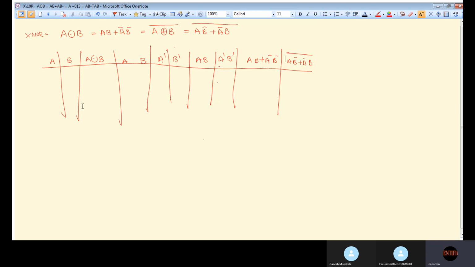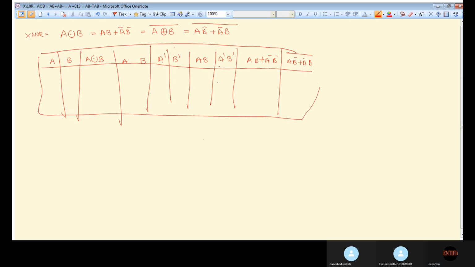So take all the values, and you try to draw the logic diagram and also prove this logic equation by using the truth table.